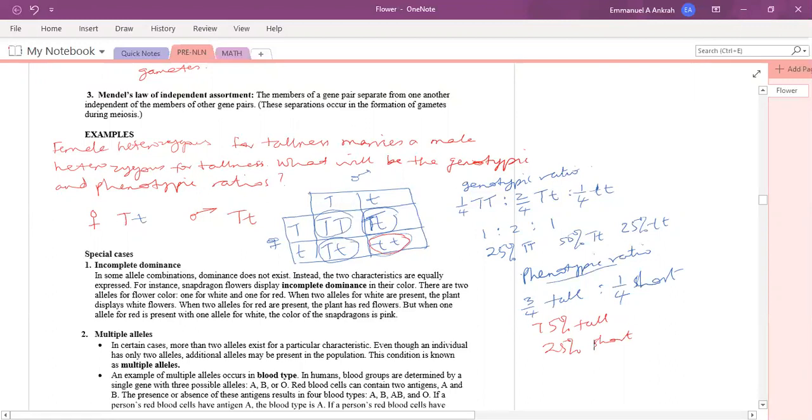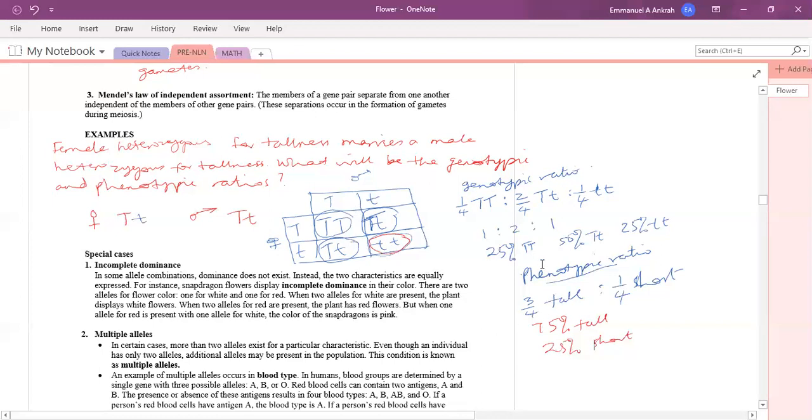Now, sometimes on the test, they'll ask the question backwards. The backwards will be, they'll give you the ratio. Let's say that they tell you that of the offspring, you have 75% tall and 25% short. Then you have to work backwards to determine the parents. What would be the genes of the parents that can give you this combination? So it's like working backwards.